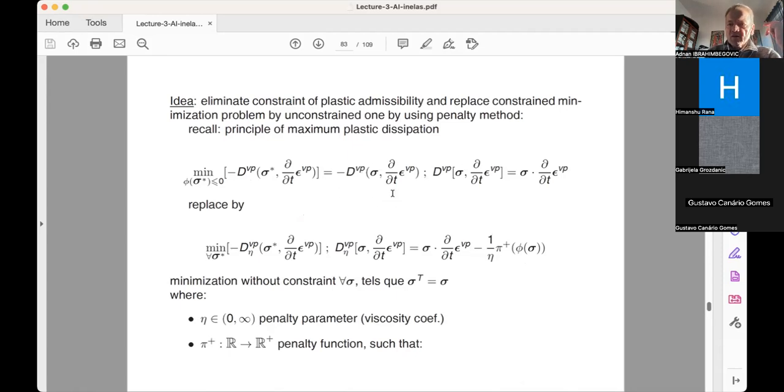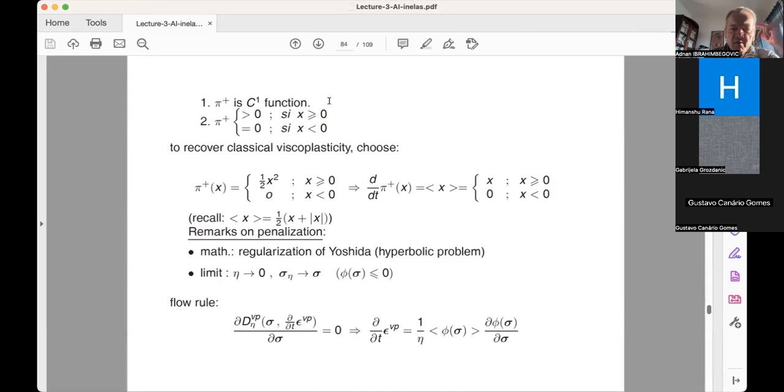In other words, on the function that I'm minimizing, which is here, the minus viscoplastic dissipation, the product between sigma and epsilon viscoplastic dot, I add a quadratic term, which is supposed to be penalizing this type of thing. In other words, I'm coming down to a corner, but instead of a corner, I put it into that kind of quadratic form.